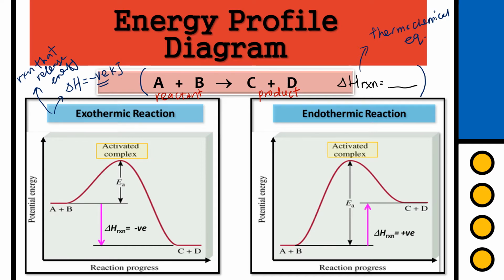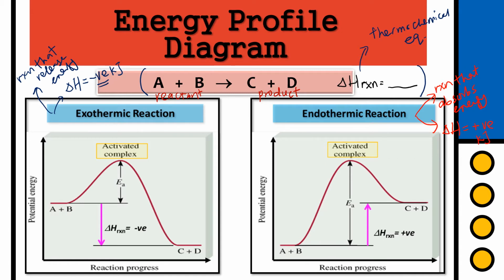And then for an endothermic reaction, it is a reaction that absorbs energy. So it can be identified when you have delta H equals positive kilojoules.